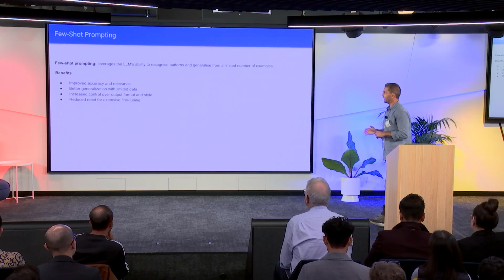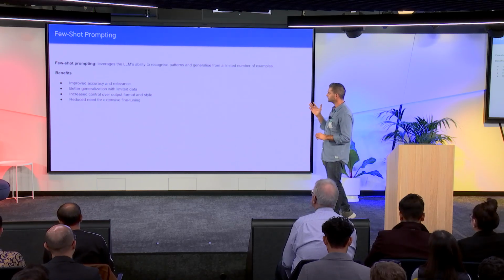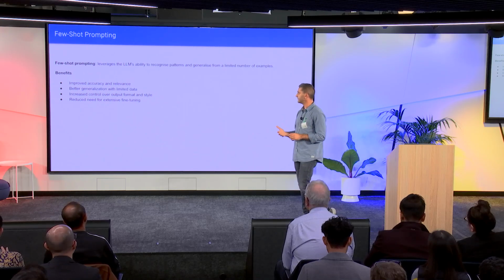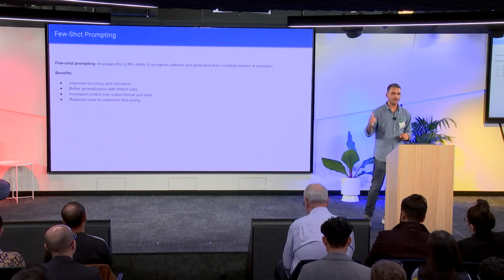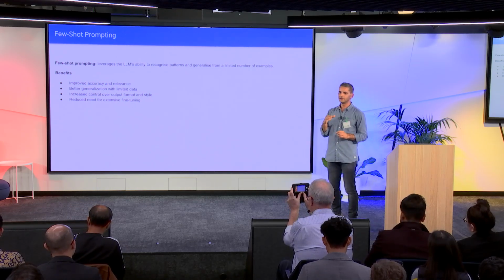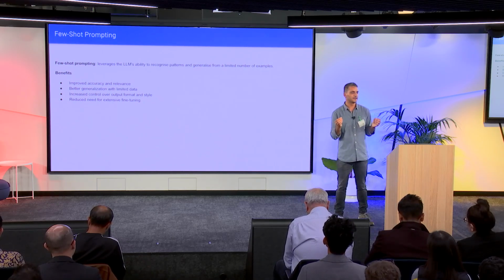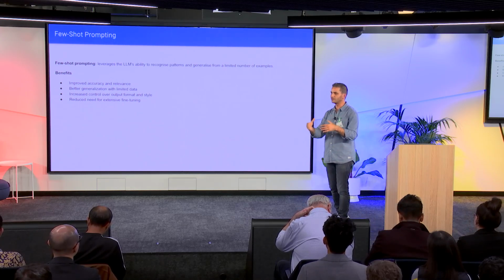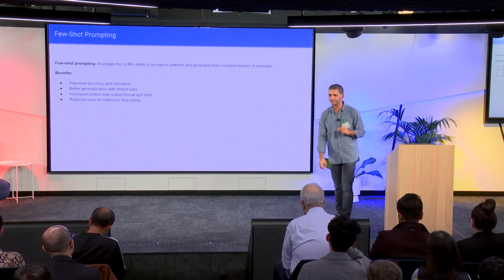So some of the benefits of prompt engineering, as we just discussed: better generalization with limited data. It increases control over output format and style. As we saw in the previous example, if you want your output to be in a JSON file, and you don't give it proper examples, if you just say give me this output in a JSON file, it is probably going to just take the transcript and put it in a JSON format.